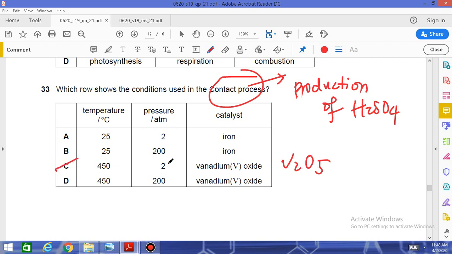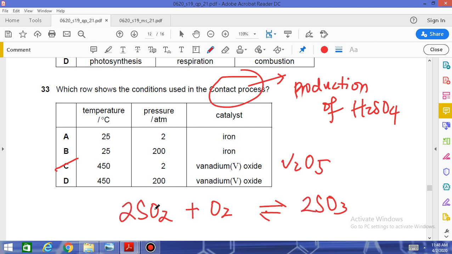In this case we don't need to use very high pressure, because sulfur dioxide can react with oxygen at low pressure, so at atmospheric pressure.